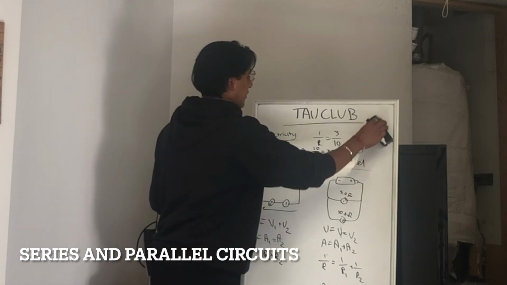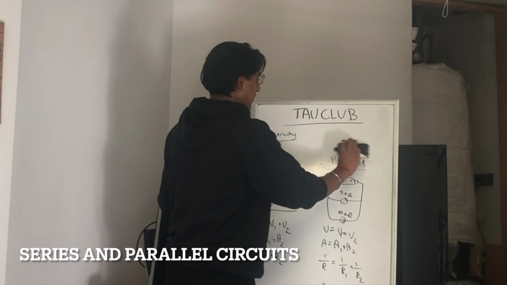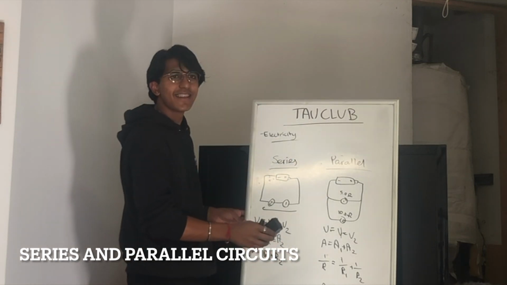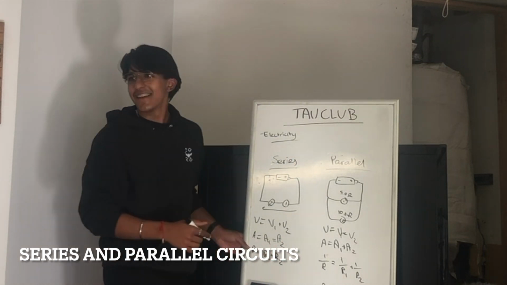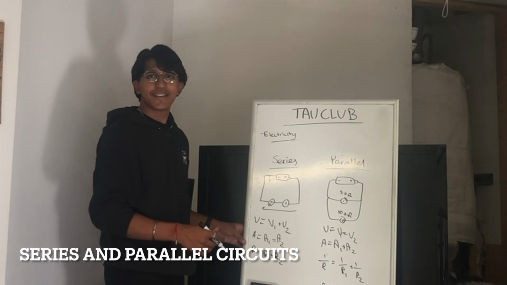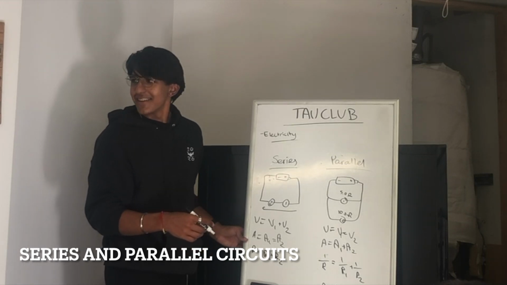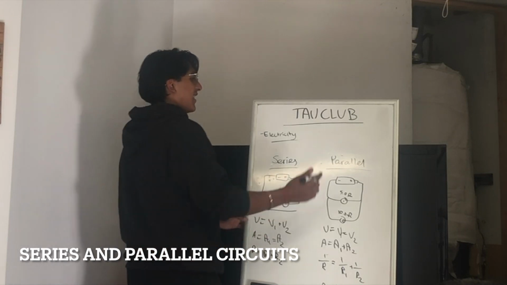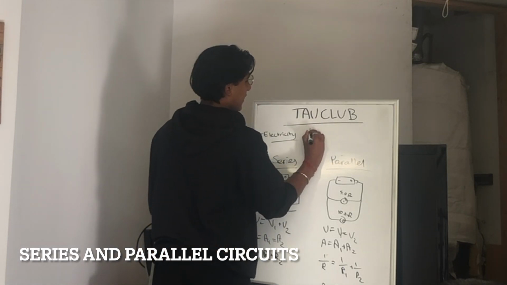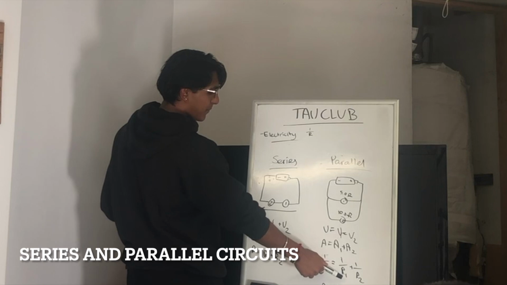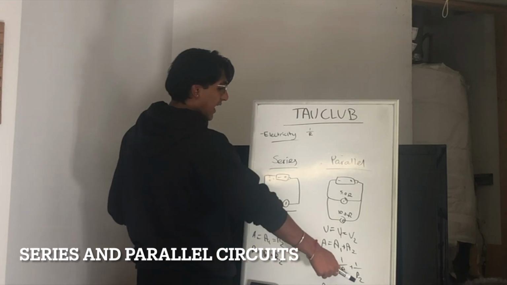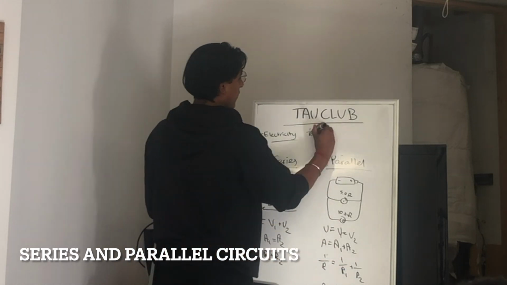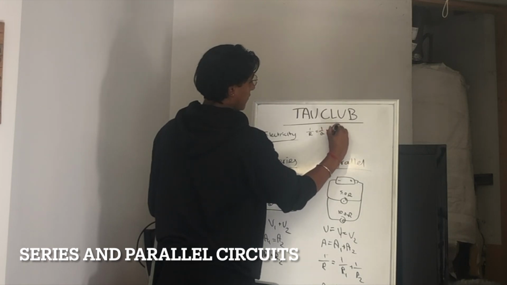If you were to do some math, okay, so if you have 1 over r, let's keep this value as a and this value as b, equal to 1 over a plus 1 over b.